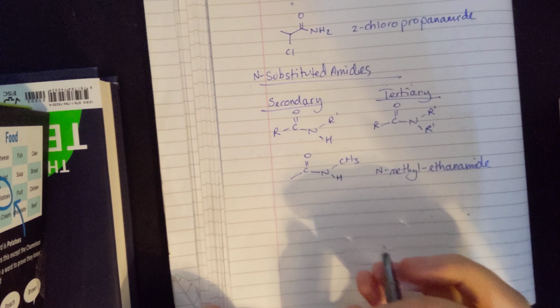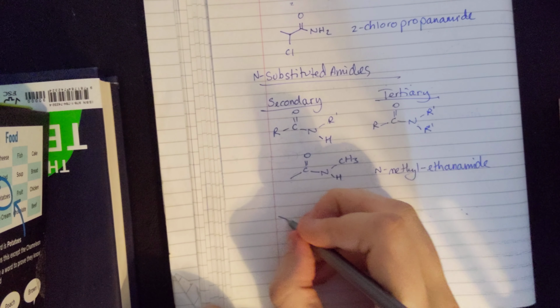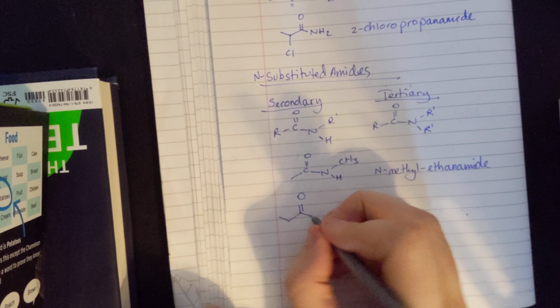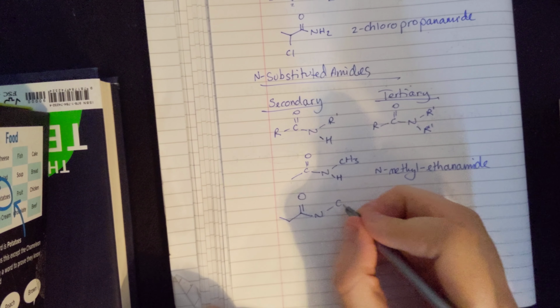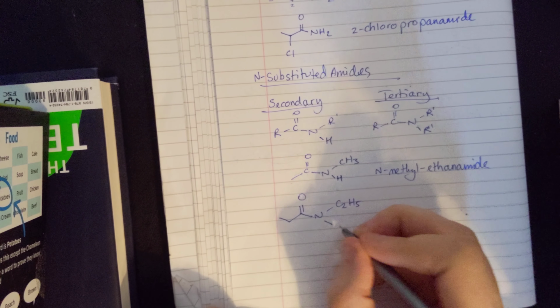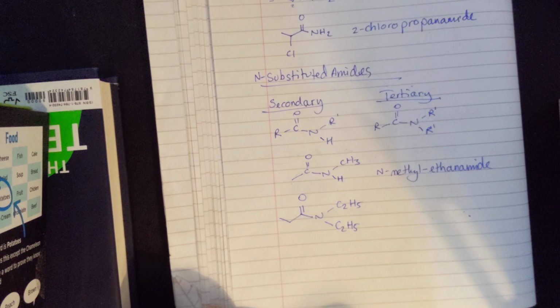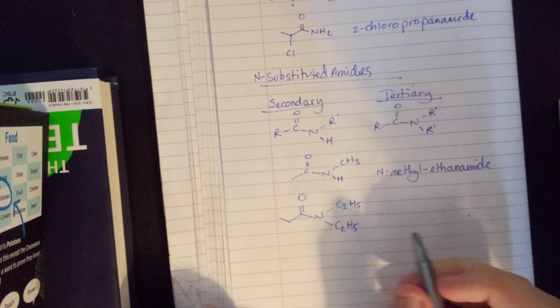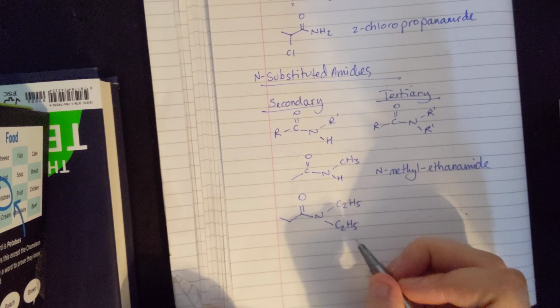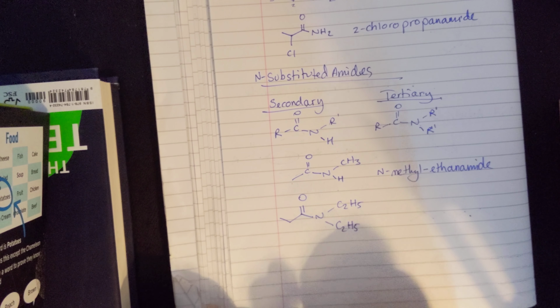So I'll now do an example of a tertiary amide. So this one here, we've got two ethyl groups, both attached to the nitrogen.